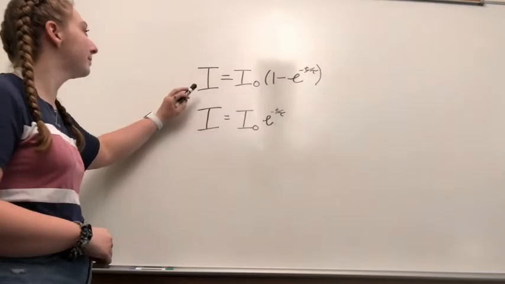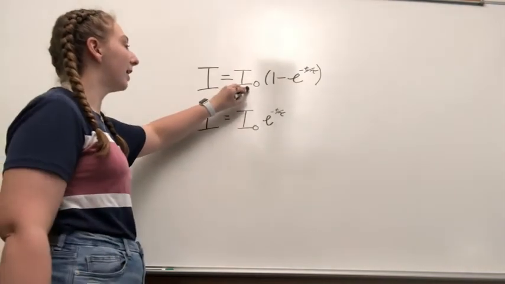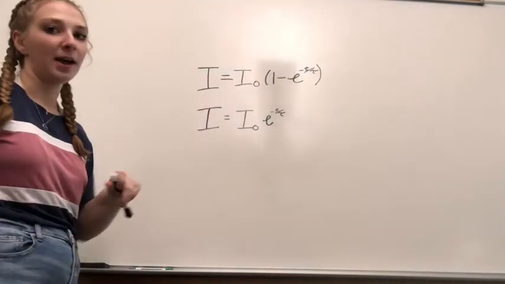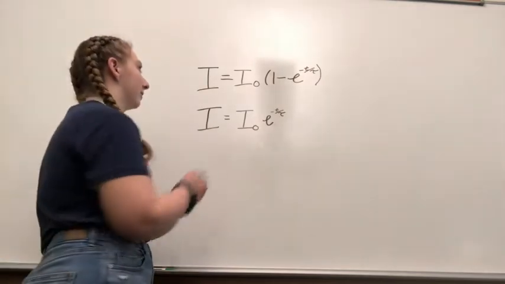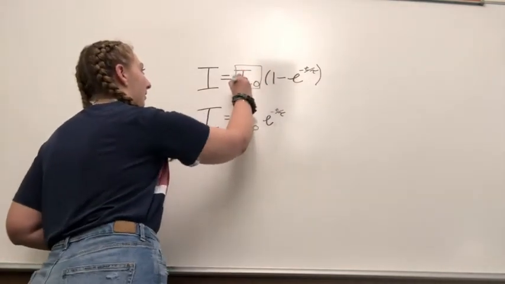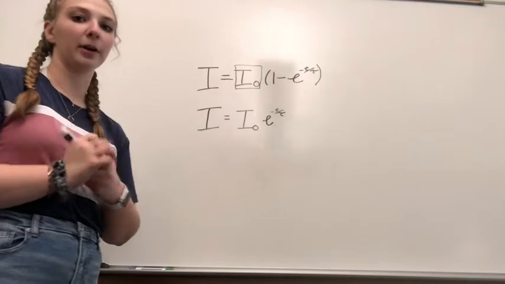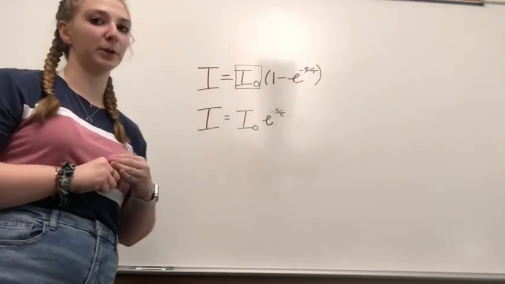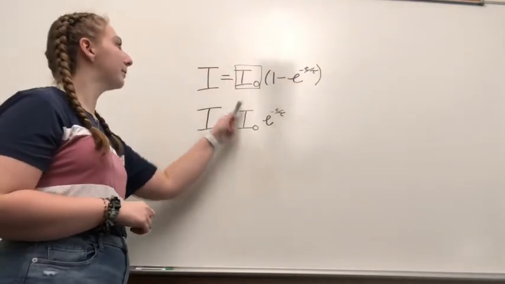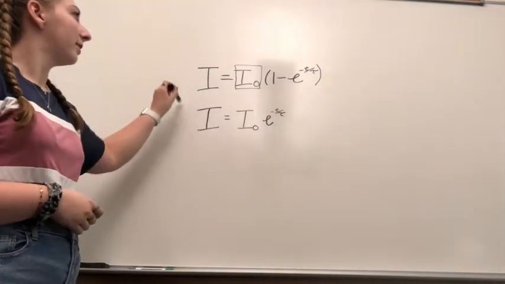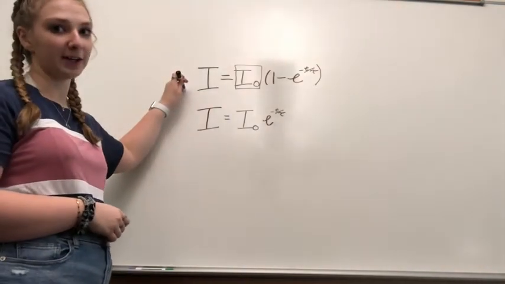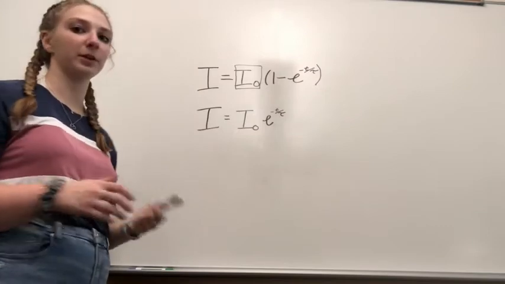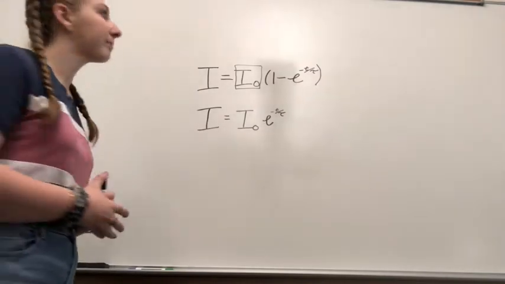That is represented by our I naught and our I's. I naught in this case is going to represent our maximum current, so it's the same for both equations. This I, this current, is the one that we are trying to find in whatever equation, most likely.